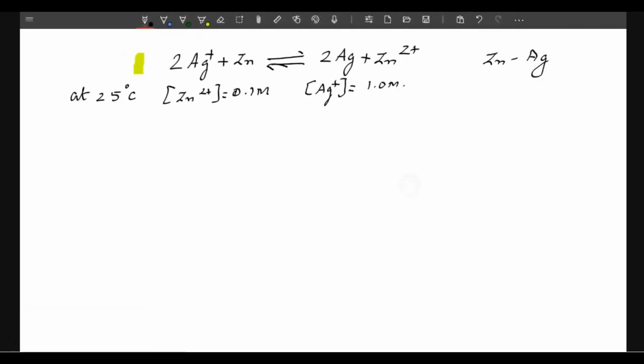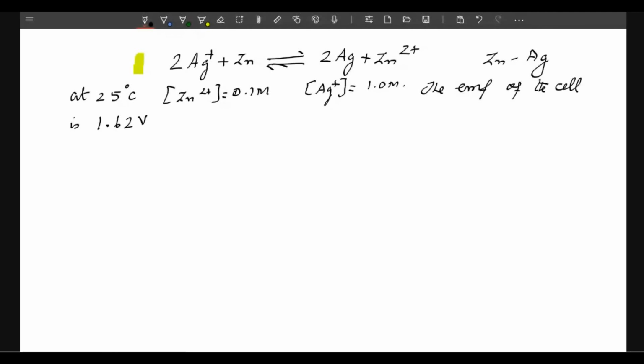The EMF of the cell is found to be 1.62 volt. This is the problem given. Calculate the equilibrium constant. This is the problem asked.